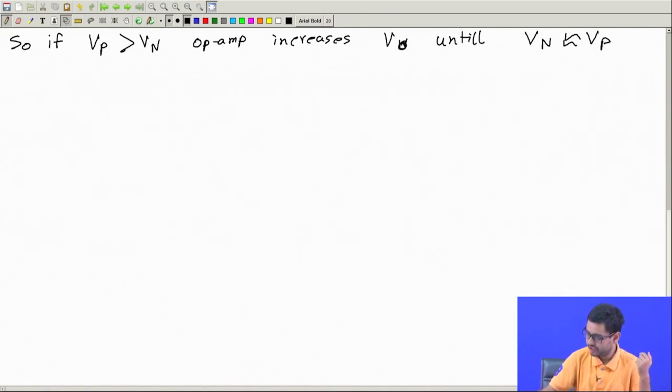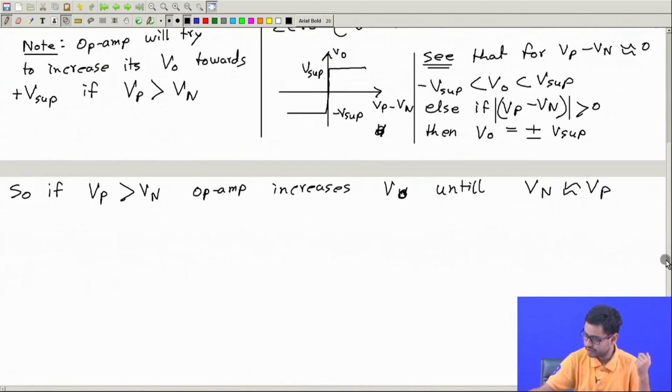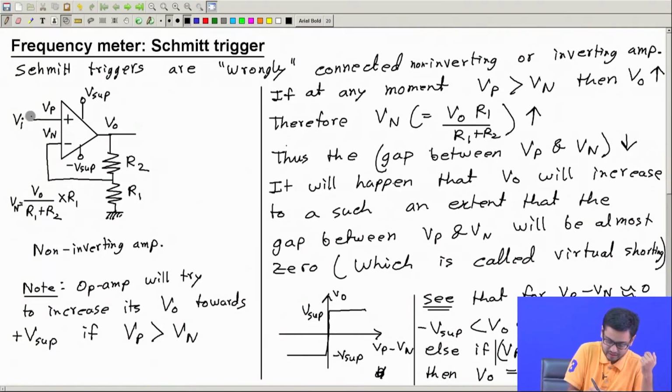Very similarly, if we see this circuit once again, if ever this potential is lower than Vn, the same statements we can write with a different color: if at any moment Vp is less than Vn, then output will decrease.